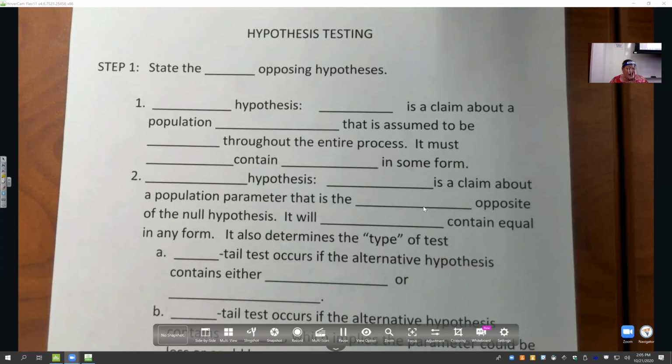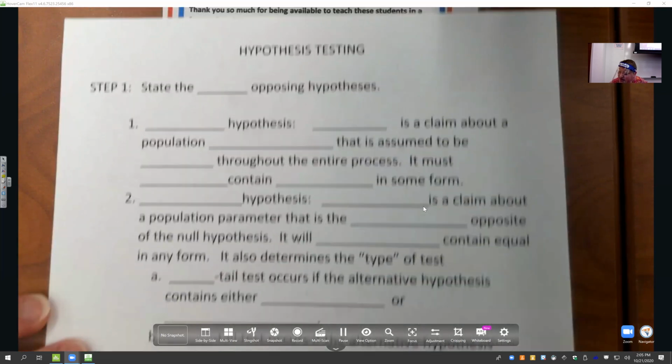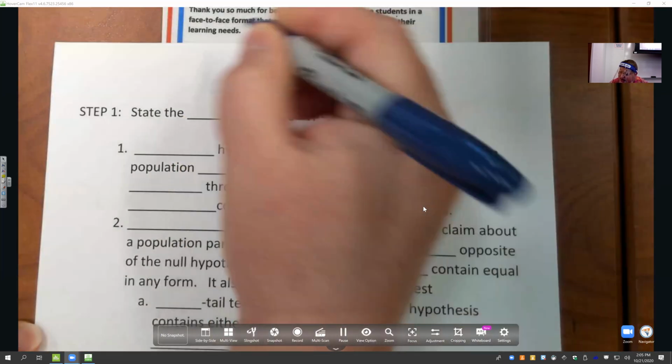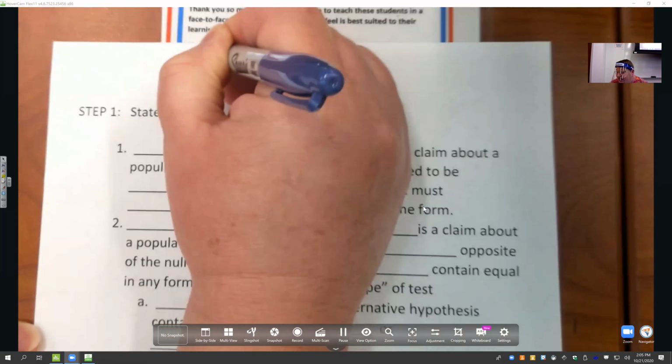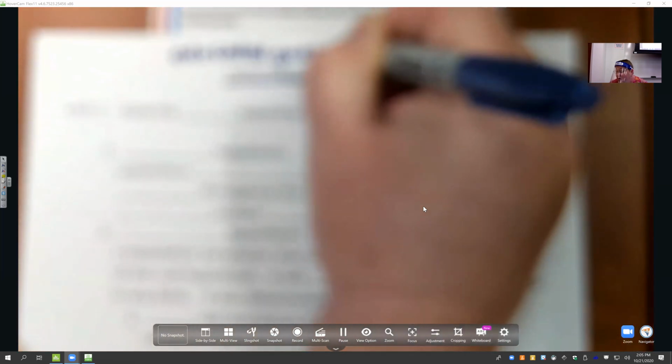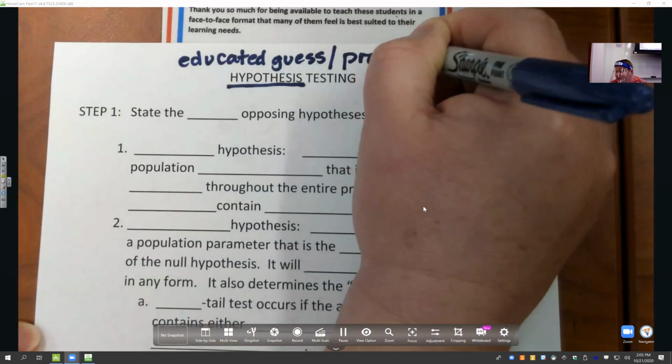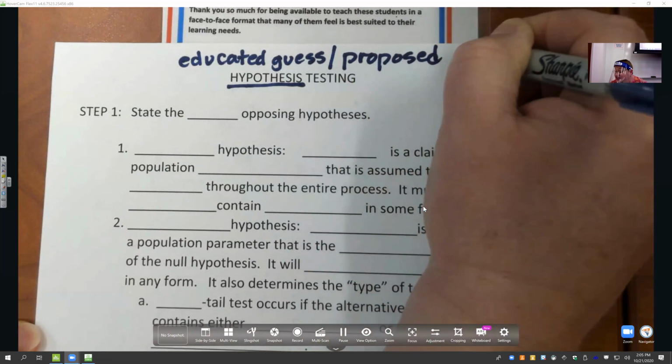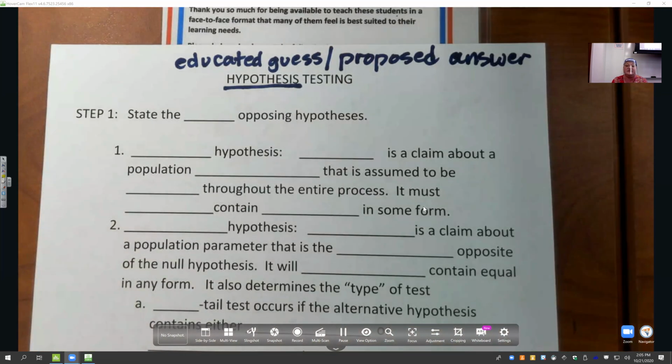Okay, so a hypothesis, if you haven't already guessed, is our educated guess or our proposed answer to a research question. Similar to what you would see in a science class, it is an educated guess or a proposed answer to our research question.